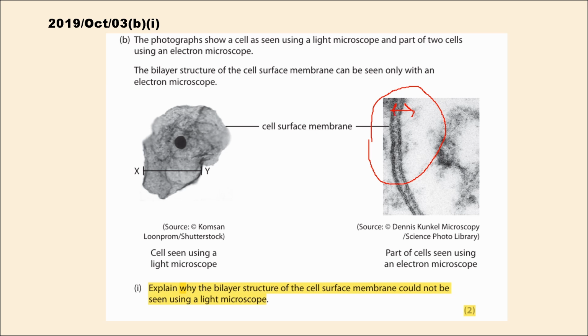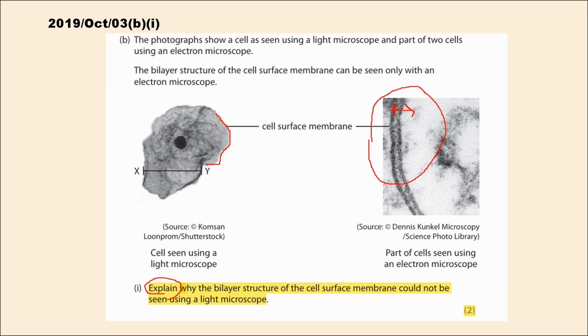But in the light microscope, you cannot see that bilayer distinction; it shows as one layer. And the statement was, the bilayer structure of the cell surface membrane can be seen only with an electron microscope. Here you can see that these two layers are differentiated from one another very clearly. And your question is, explain why the bilayer structure of the cell surface membrane could not be seen using a light microscope. I think you're almost on the way to your answer.